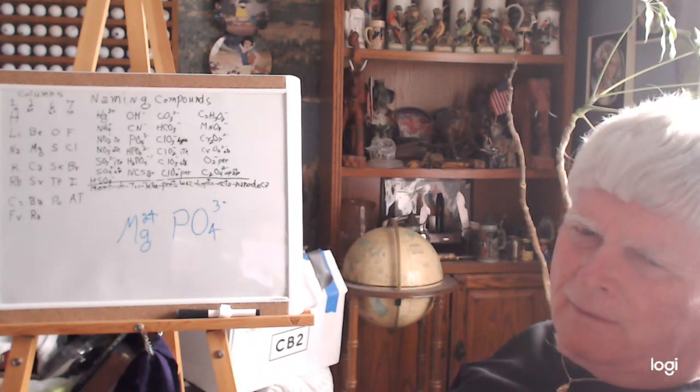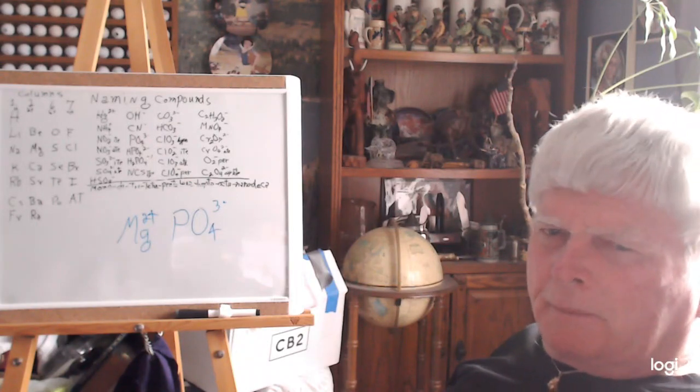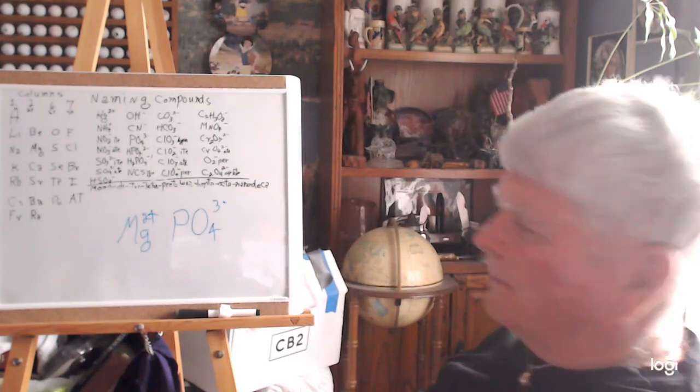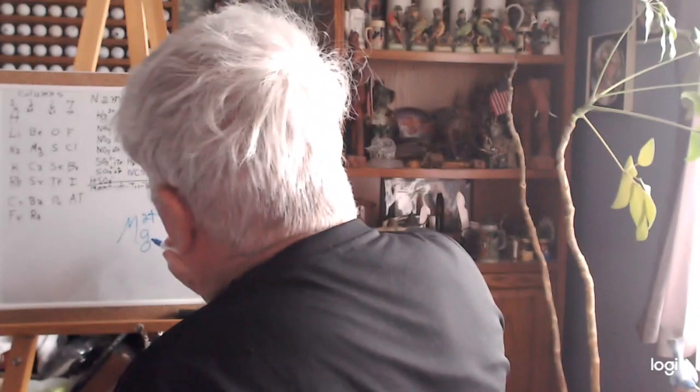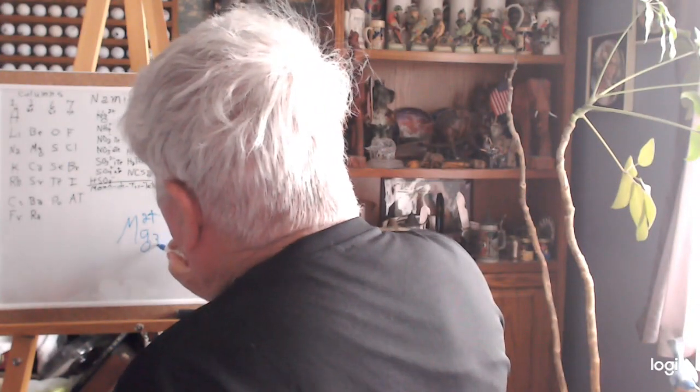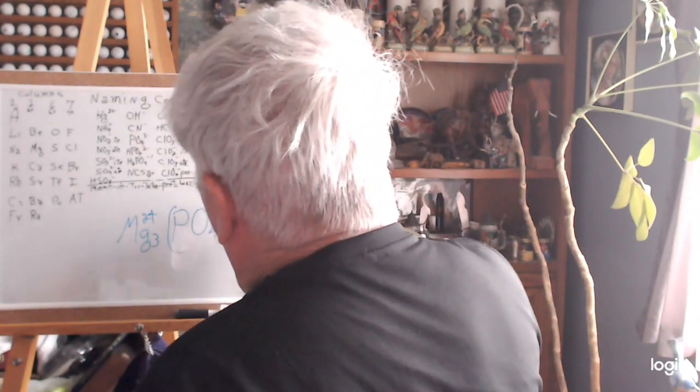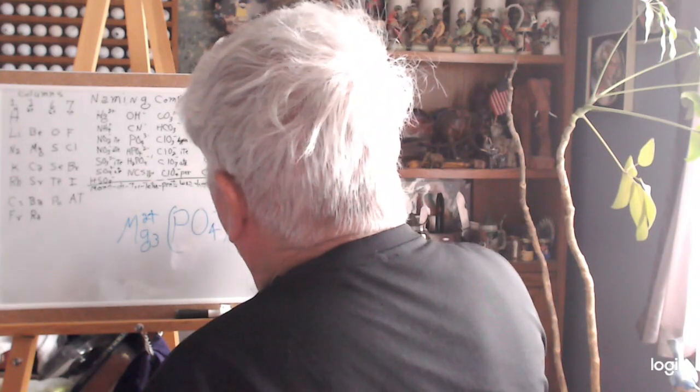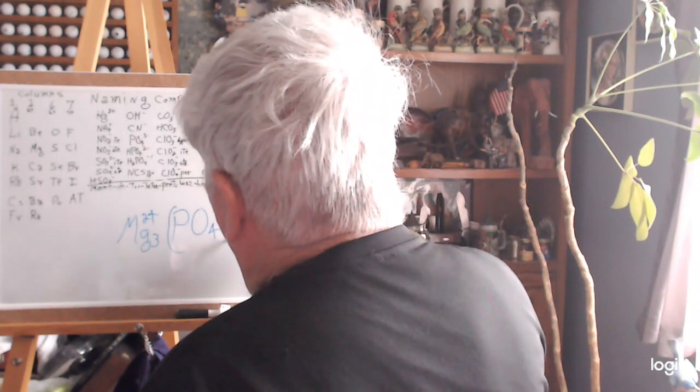It's not accurate to phrase it that way, but that's the way I teach it. So you take your magnesium and you put a 3 behind that. You put a parenthesis around the phosphate and put a 2 behind that.